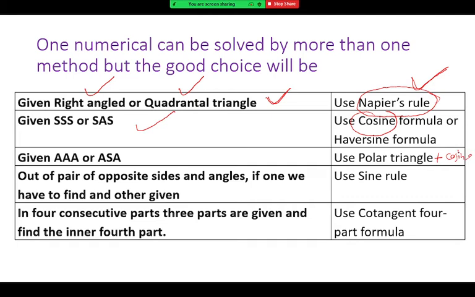Lastly, the sine rule is also one of the important ones. Polar is important. Cotangent is generally used only whenever it is mentioned. Otherwise, most of the problems you can solve by these four: Napier's rule, cosine rule, sine rule, and polar triangle. That's all.